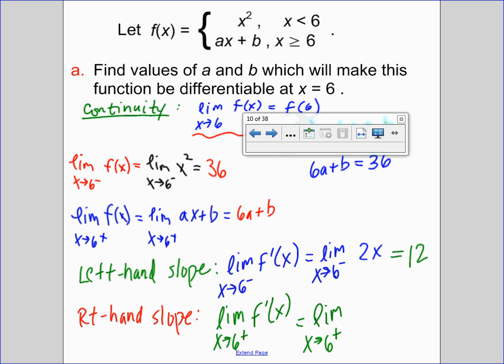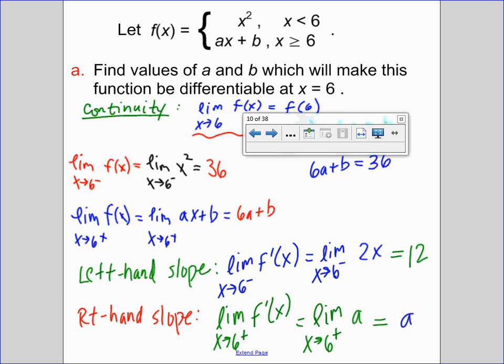Isn't that a linear function? Kind of like y equals mx plus b, which you proved on your last test was equal to the slope m. So this would be a. So the limit of a as x approaches 6 from the right, where a is some constant. What's the limit of a as x approaches anything? A. The limit of a constant is the constant. Good. And so this equals a.